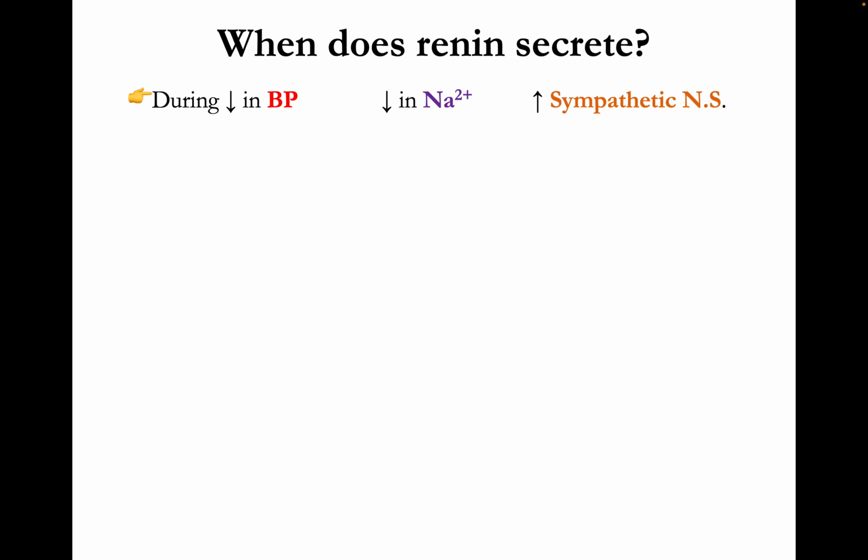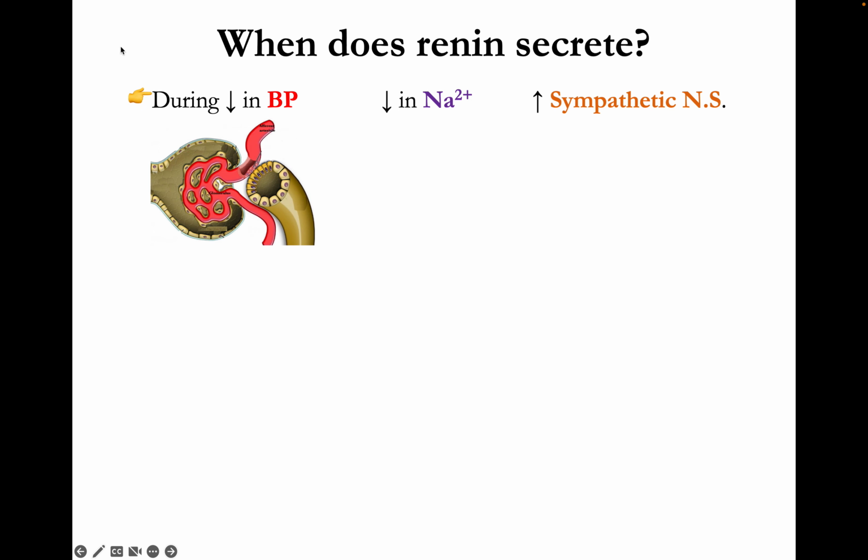So, three important points to remember from this slide. First, renin is secreted during low blood pressure. For example, a reduction in the circulating blood volume triggers the stretch-sensitive JG cells to secrete renin.